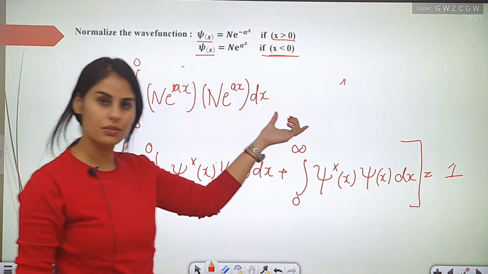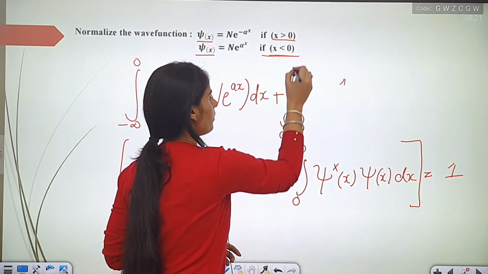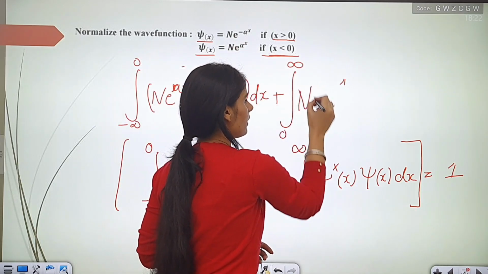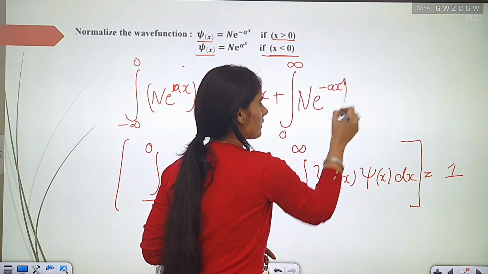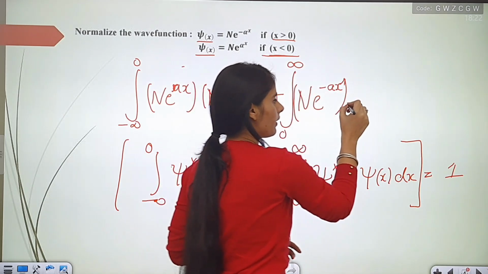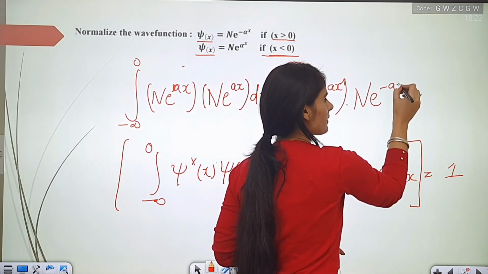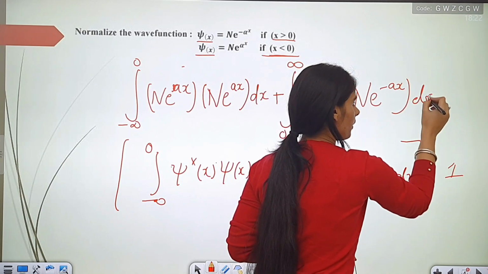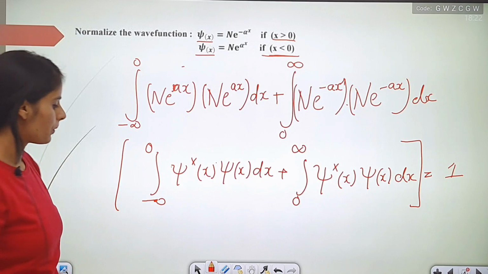Now from 0 to infinity, psi star is N e raised to power minus ax, and again N e raised to power minus ax into dx. After this step we are going to integrate this function.